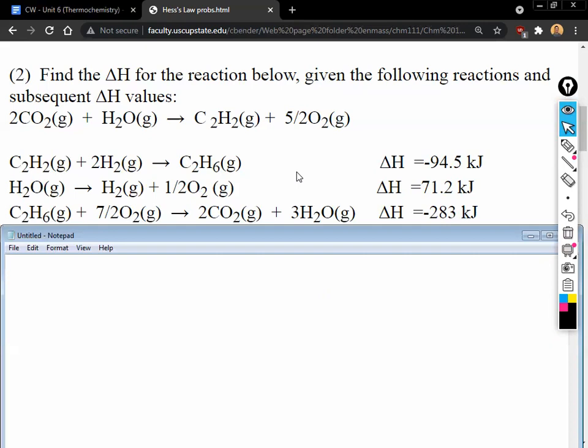I'll put the link in the notes. I have some labels.